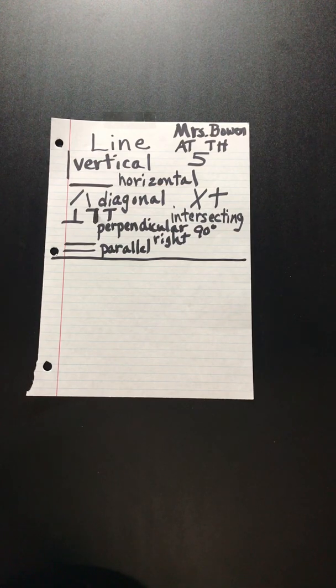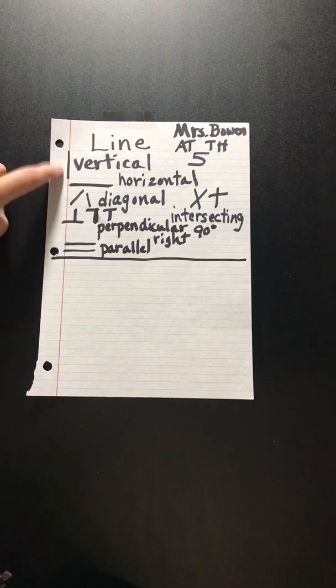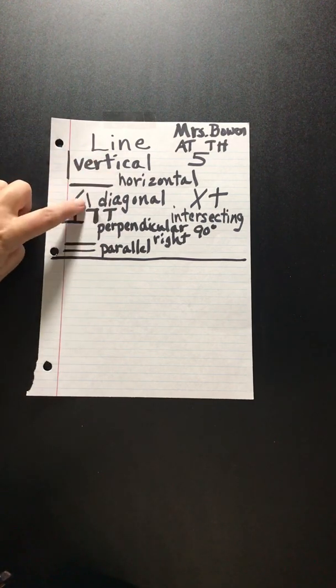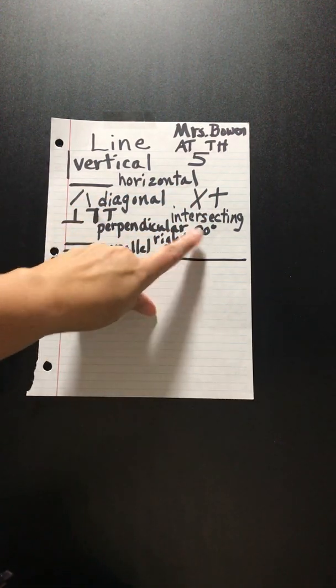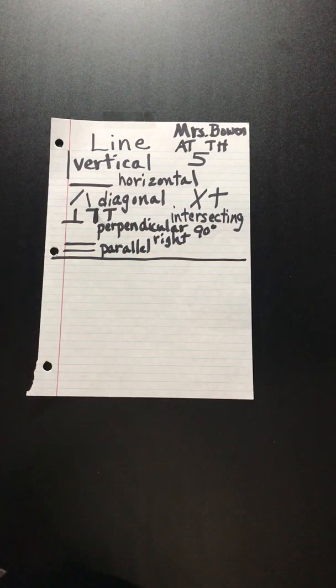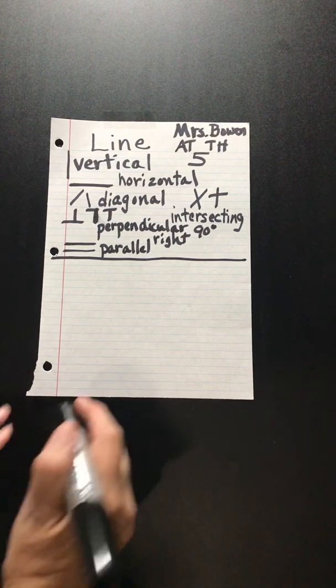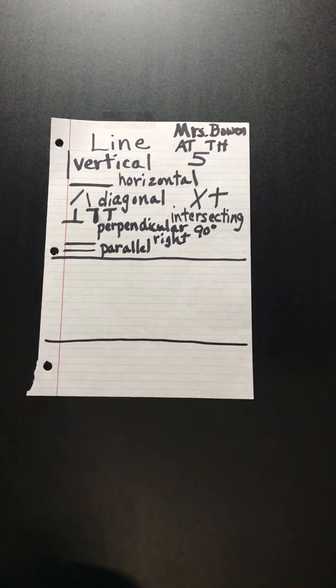Okay? So today we're learning about line. In order to be successful, we've got to be able to draw and identify vertical, horizontal, diagonal, intersecting, perpendicular, those are right 90-degree angles, and parallel lines. So today, because we're getting into the fall of the season, it's September now, we're going to do a fall tree line. So let's go down here and draw us a big, long horizontal line for our landscape line.